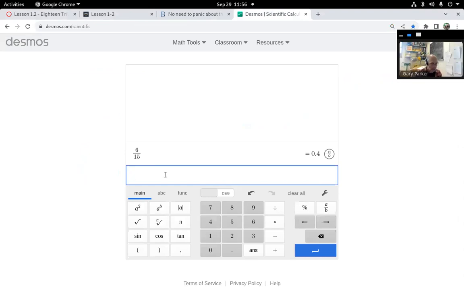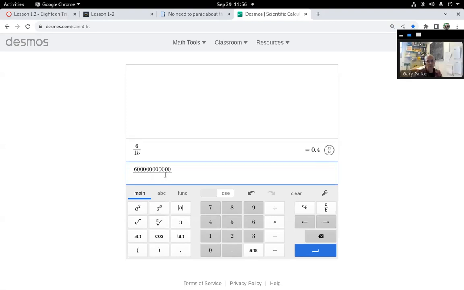Just to double check, the other way was 600, and then I had to put in 1, 2, 3, 4, 5, 6, 7, 8, 9 zeros, and I want to divide that by 1.5, and then there I filled in 1, 2, and then 1, 2, 3, 4, 5, 6, 7, 8, 9 zeros. So this is the way I wrote it the first time.